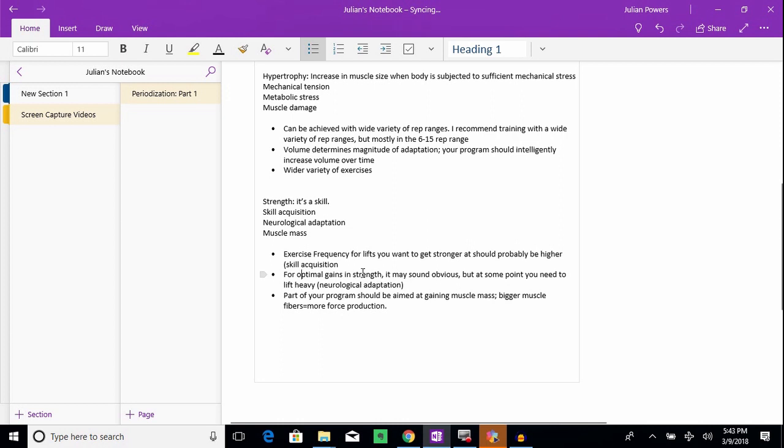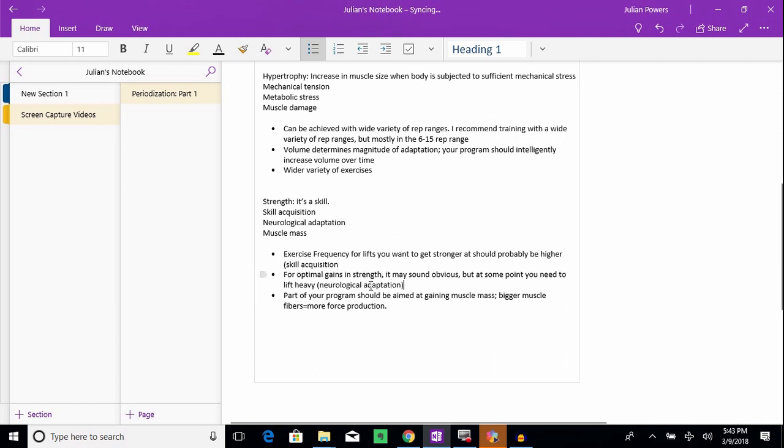So if someone ended with 95% for a 3 or a double, whatever it may be, at a 9 RPE, or 8.5, 8 RPE, somewhere around there, that would be good because they're getting really specific to what they're trying to do. So you've got to think about RPE, because when you're testing 1 rep max, it's obviously going to be a high RPE, and it's going to be near 100% of your 1 rep max, or if not, your 1 rep max.